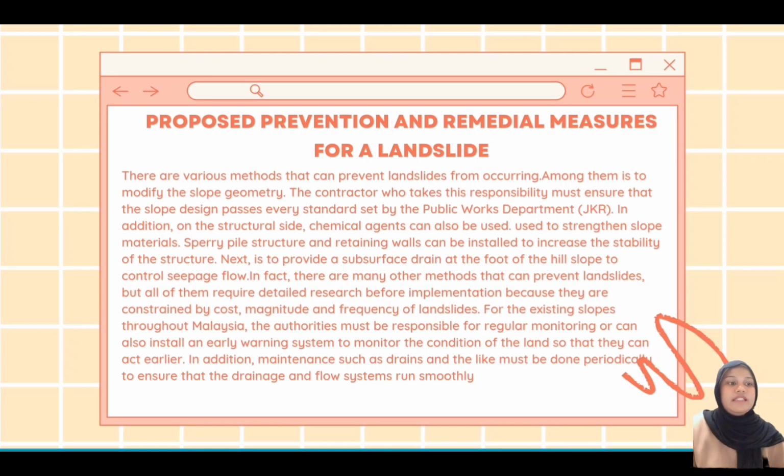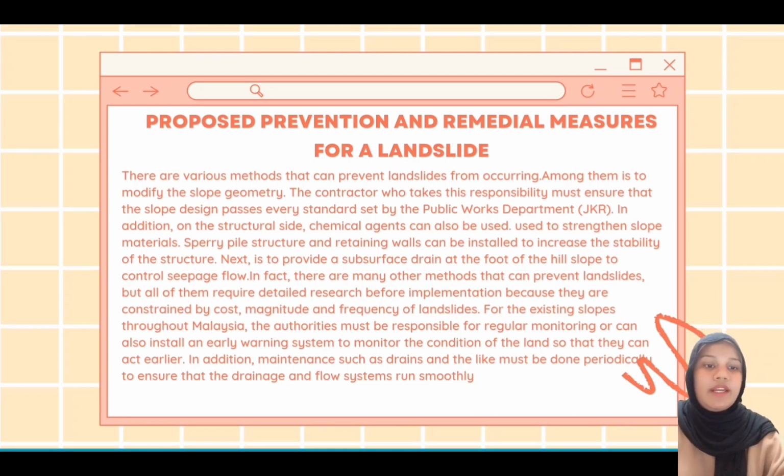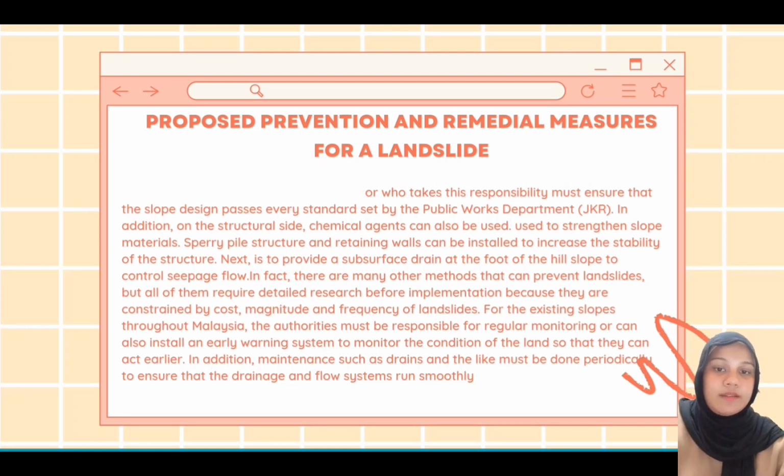For the existing slopes throughout Malaysia, the authorities must be responsible for regular monitoring or can also install an early warning system to monitor the condition of the land so that they can act early. In addition, maintenance such as drains and the like must be done periodically to ensure that the drainage and flow system runs smoothly.